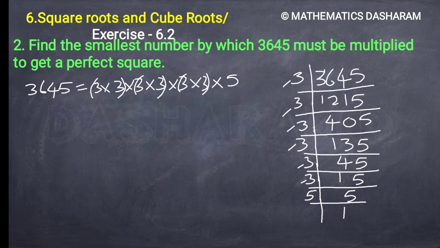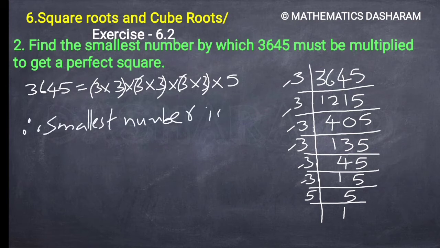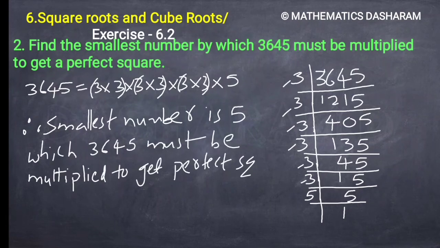If you have one more pair, then definitely 3645 becomes a perfect square. So to make a pair we need to multiply one more number. What is that? 5. So what is the smallest number? 5 must be multiplied to get a perfect square number. So this is the answer.